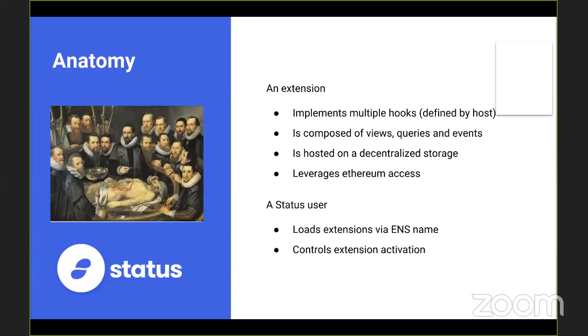Then when you concretely implement your extension, you manipulate the concepts of views, queries, and events. With those four concepts, hooks, views, queries, and events, that's pretty much all you have to know to create an extension. Extensions are hosted on decentralized storage like IPFS or Swarm, and they leverage Ethereum, so it's very tied to Ethereum concepts like Whisper and contracts.